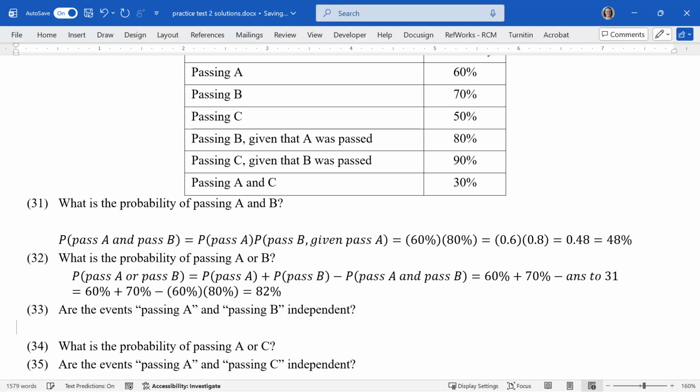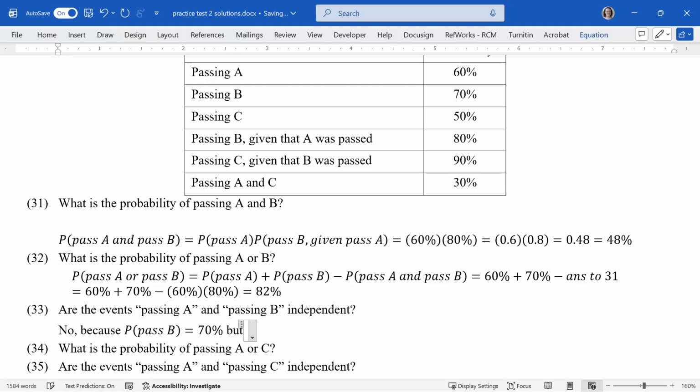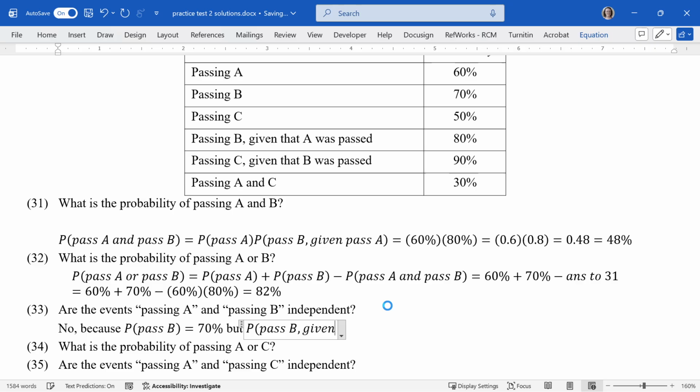So this is definitely no. The probability of passing B is 70%, but the probability of passing B given that you passed A is 80%, which are not equal.